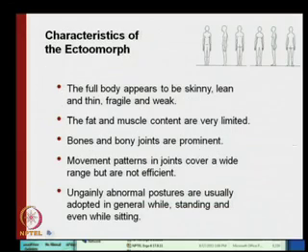Specifically, the characteristics of the ectomorph are that the full body appears to be skinny, lean and thin, fragile and weak.